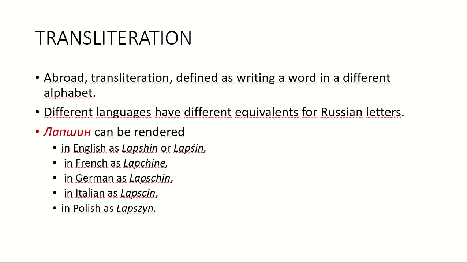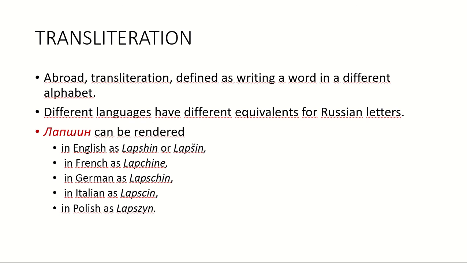Okay, now let's continue. The next way of giving equivalence is transliteration. Abroad, transliteration is defined as writing a word in a different alphabet. Different languages have different equivalents for Russian letters.